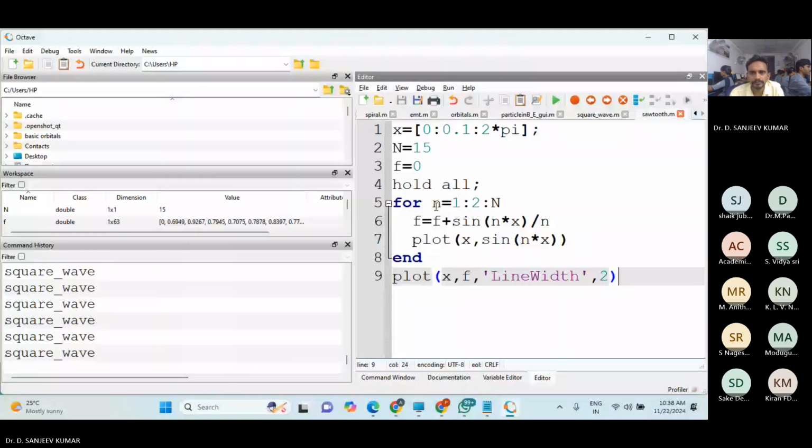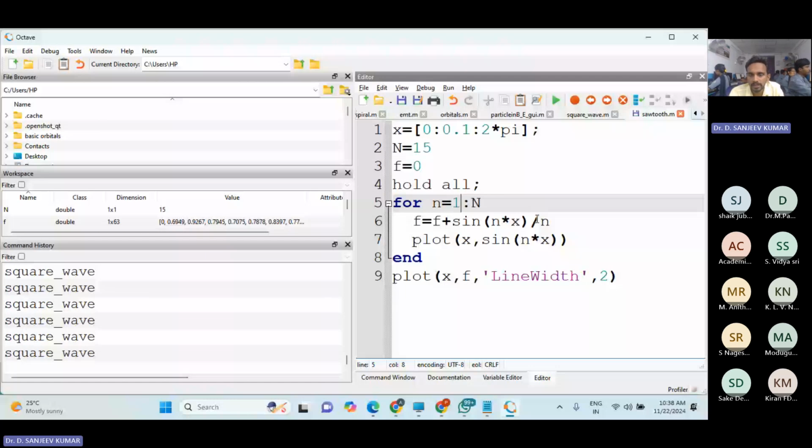So here we have to consider all the terms, both even and odd. So I'm taking small n is equal to 1 to capital N.